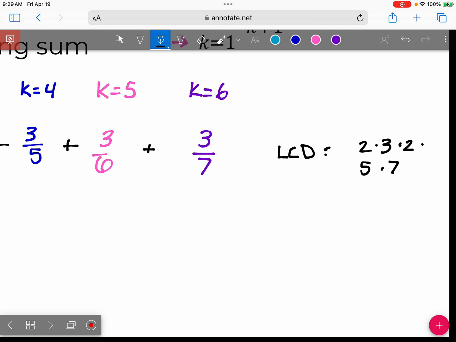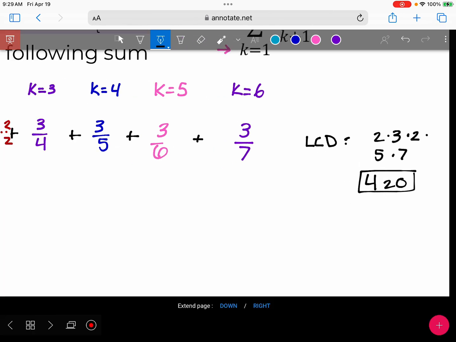So our least common denominator would actually be 420. If we get everything to have a denominator of 420, we're going to wind up with 2007 over 420. But that does simplify because both of those are divisible by 3.